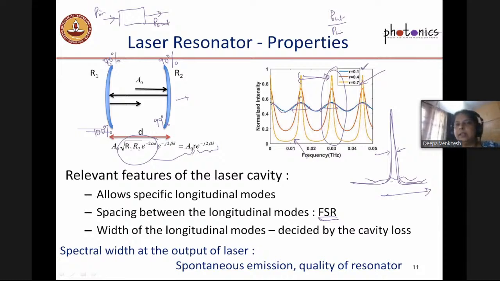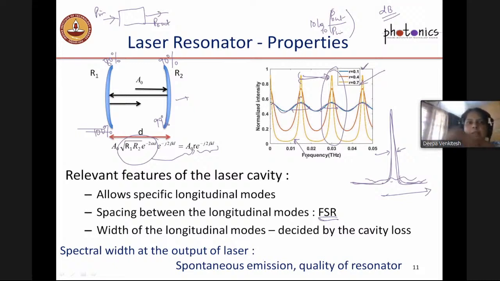That is just a linear unit. Now, you could also represent this on a logarithmic scale by saying it is 10 log base 10 of P out by P in. Then it is in the dB scale, the decibel scale. So you can very easily represent changes in orders of magnitude in the decibel scale.